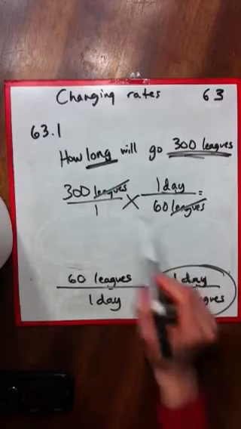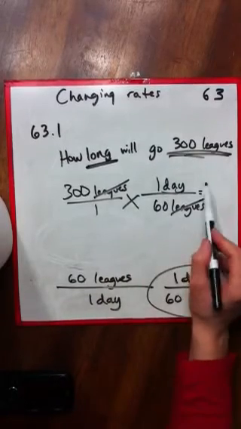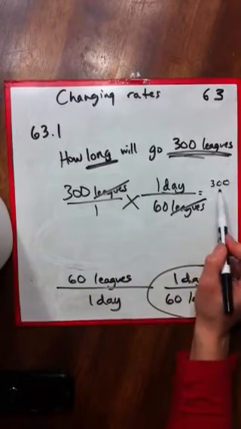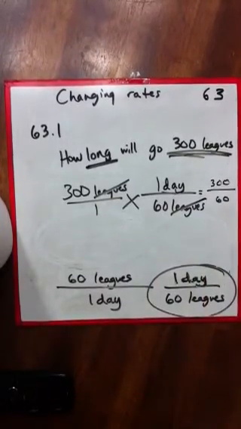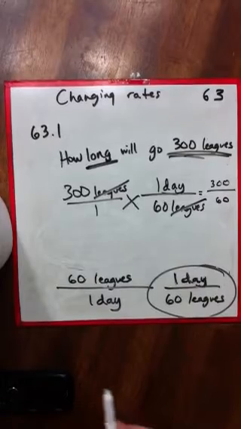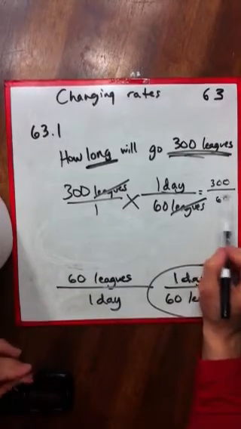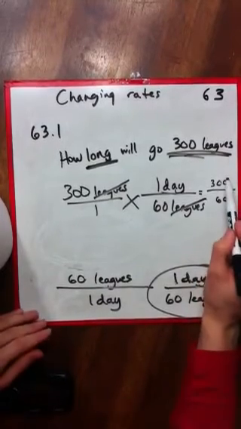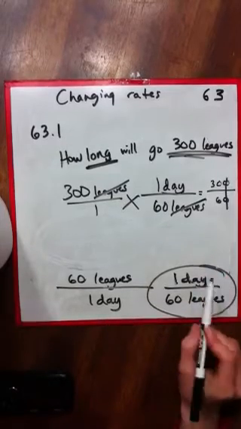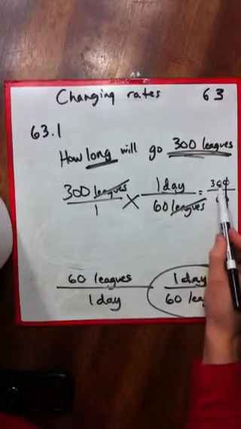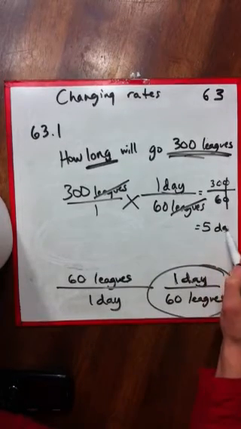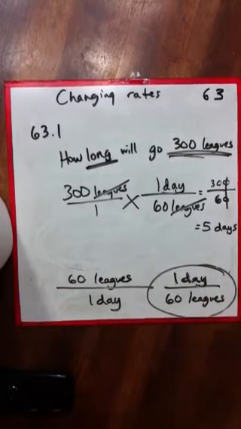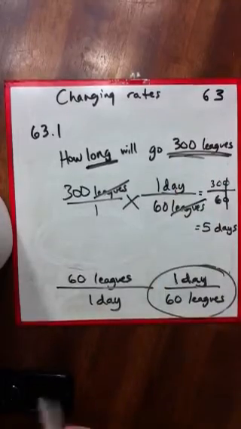So 300 times 1 is 300, and 60 times 1 is 60. You get 300 days over 60. Then I reduce it, and 30 divided by 6 is 5. So 5 days is when he'll be able to complete 300 leagues.